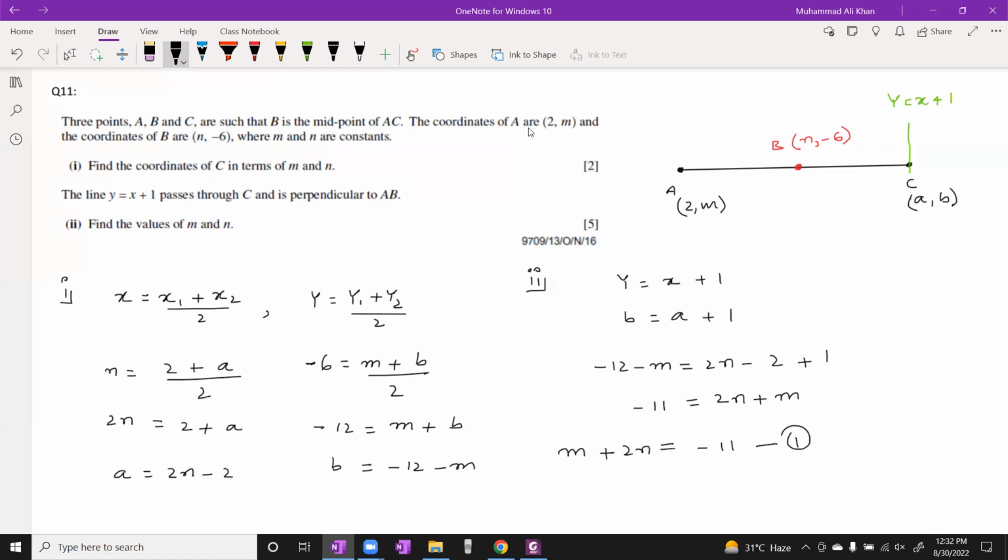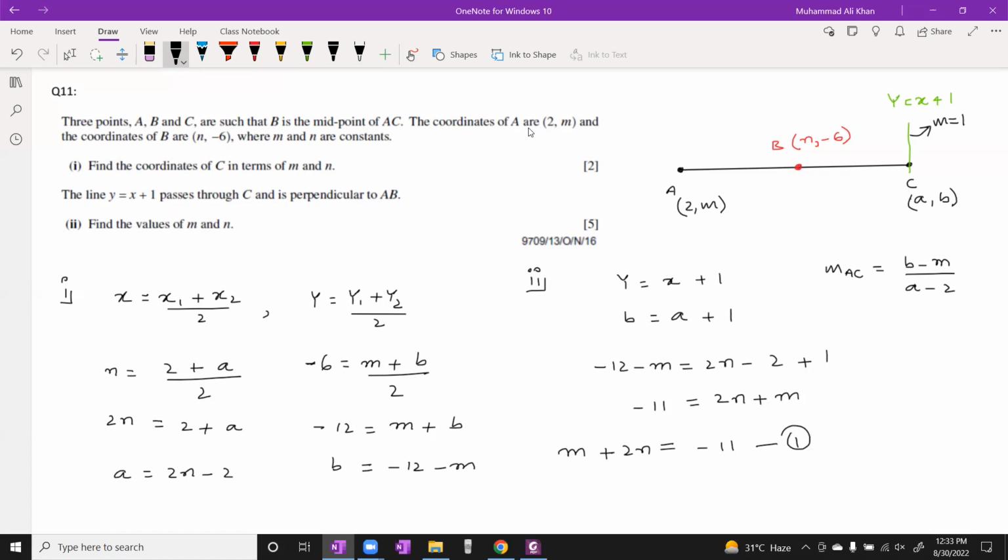What is the gradient of this green line? The gradient of the green line is 1. And if we calculate the gradient of the line AC, then it will be b minus m over a minus 2. Is it the gradient of line AC? y2 minus y1 over x2 minus x1.